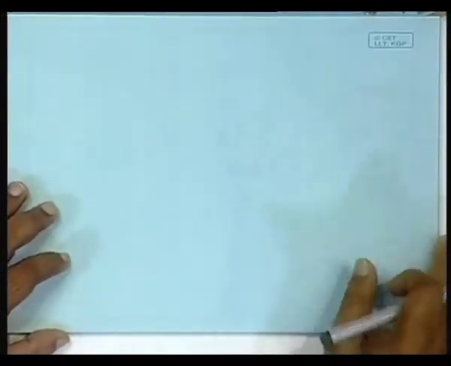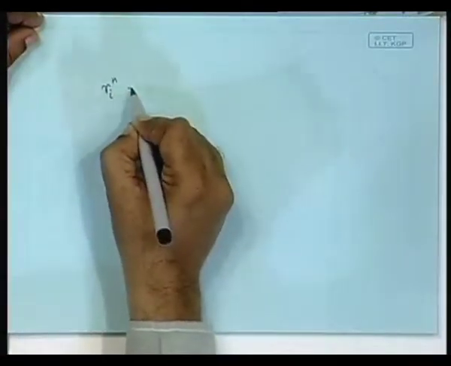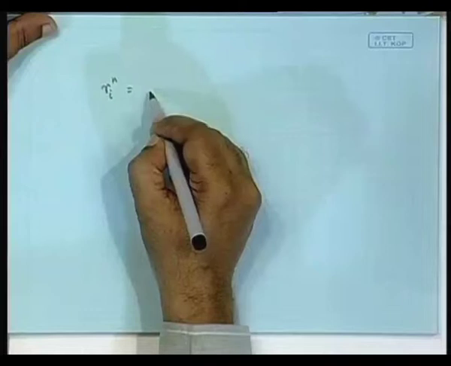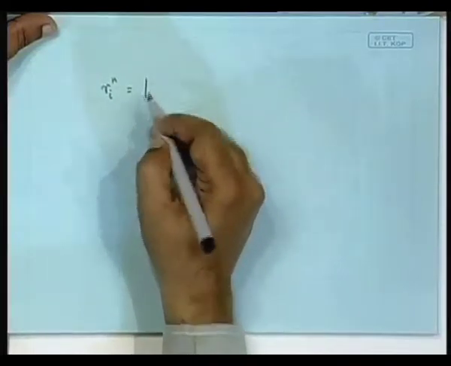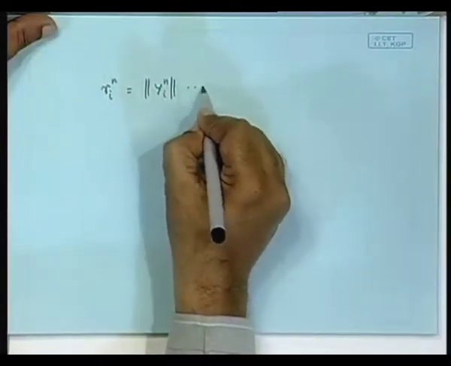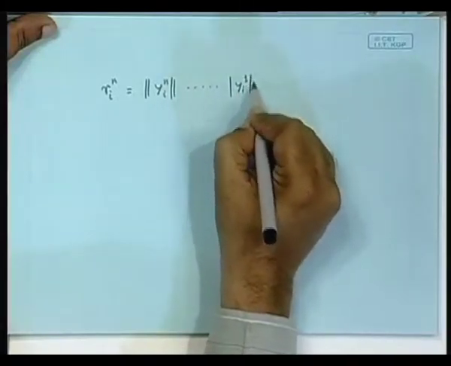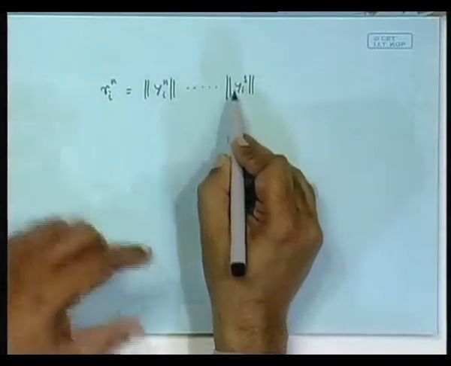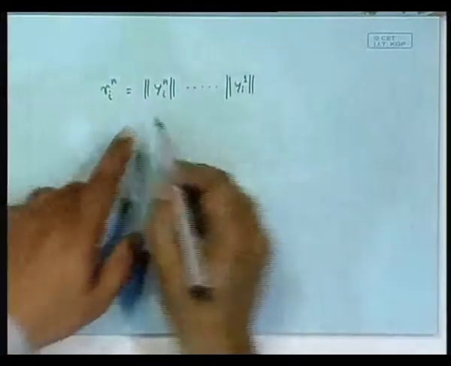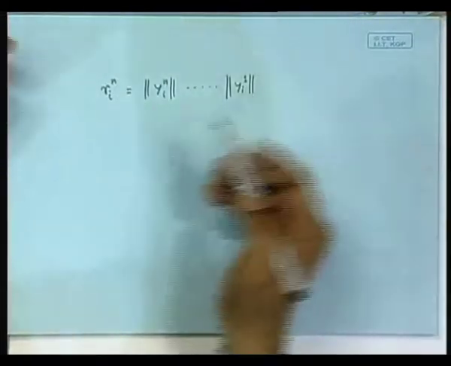So, ultimately we can say the Lyapunov exponent is given by simply the average of the expansion: in the first iteration whatever was the expansion, second iteration whatever was the expansion, third iteration whatever was the expansion, that is the total thing.